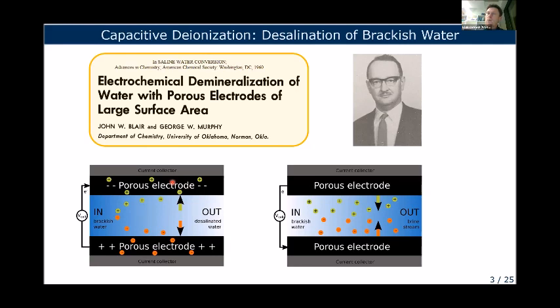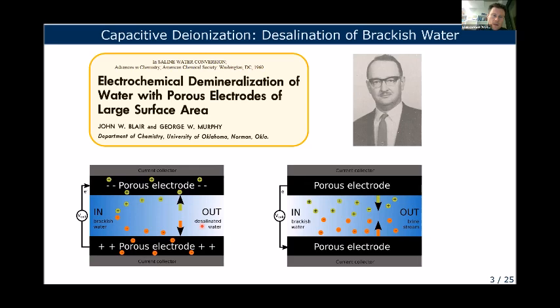So you temporarily store the ions in the electrode until you switch the direction of the field, and that enables one to get them released. So you could then desalinate water in one stream and then recollect the ions in a second stream.